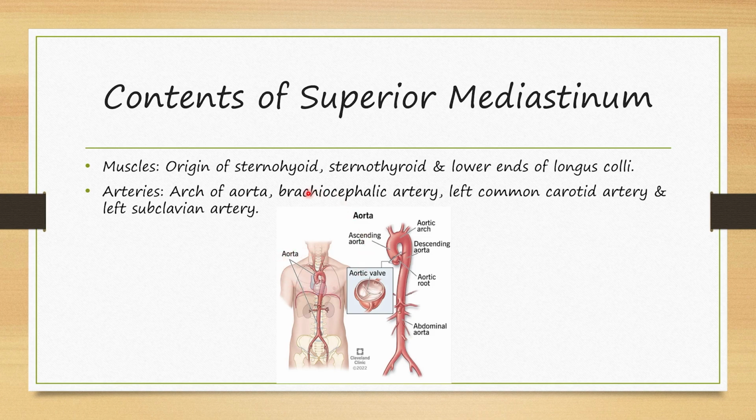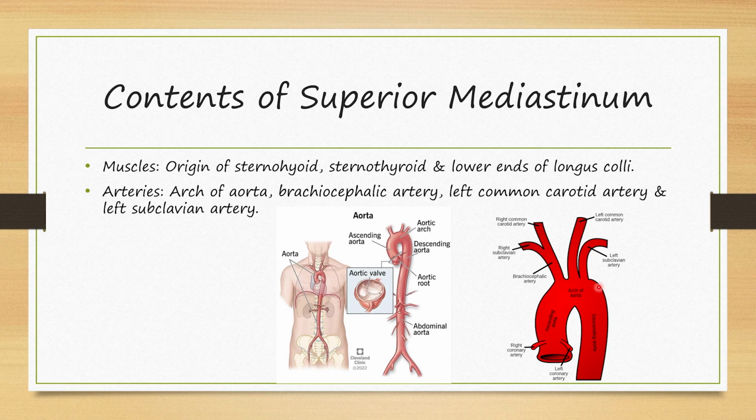Here is the aorta. Because we're talking about the superior part of the mediastinum, it's the top part. There is the arch of the aorta, which is this thing. The brachiocephalic artery, which is this one.